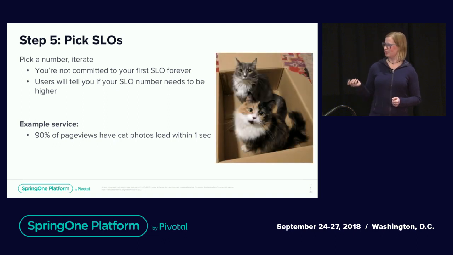So in this example, I expect 90% of page views to load in under 1 second. That's a really low SLO. I would kind of expect all of you to call me, to text me, to email me and say, Marie, where are the cat pictures? They're not there. I need a higher SLO. And then I would be able to get that feedback and raise my SLO because I know my users need more.